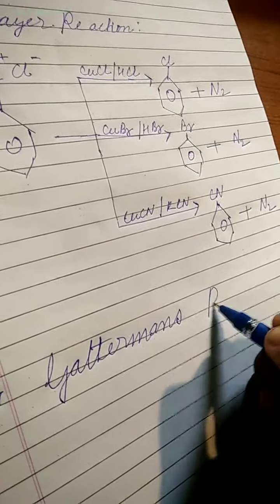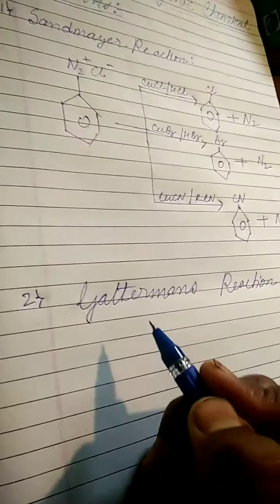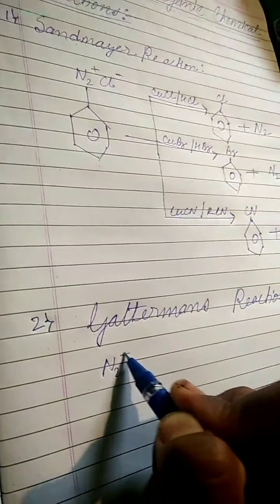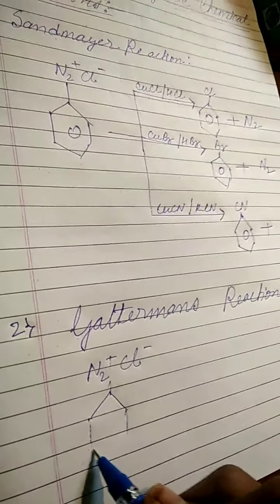Gattermann's reaction. In this reaction we take benzenediazonium chloride, N2+ Cl-.